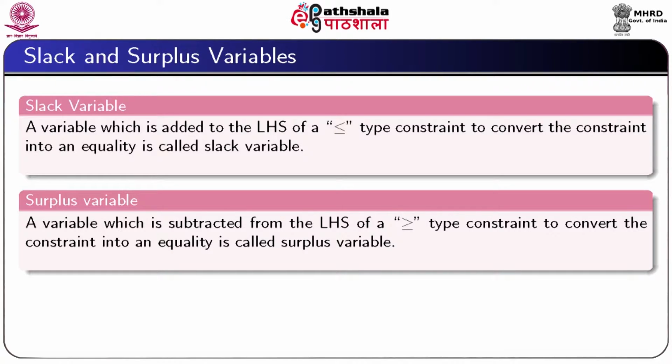A variable which is added to the left hand side of a less than or equal to type constraint to convert the constraint into an equality is called slack variable. Surplus variable: a variable which is subtracted from the left hand side of a greater than or equal to type constraint to convert the constraint into an equality is called surplus variable.